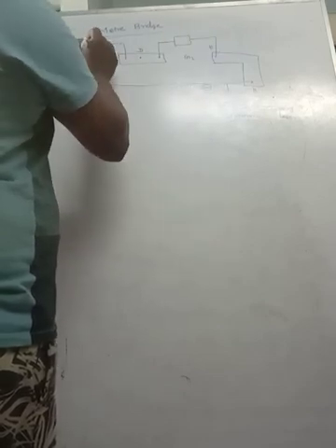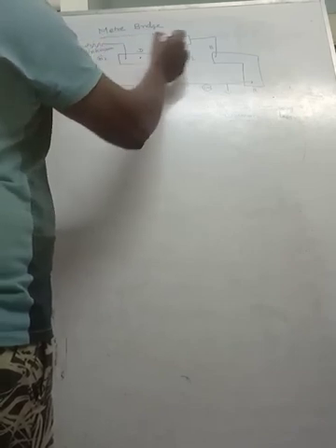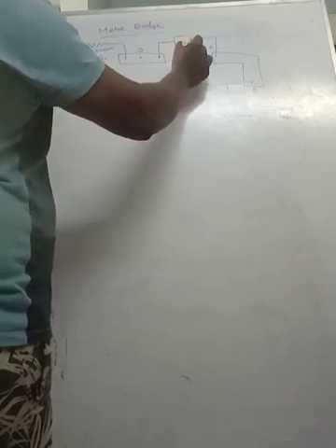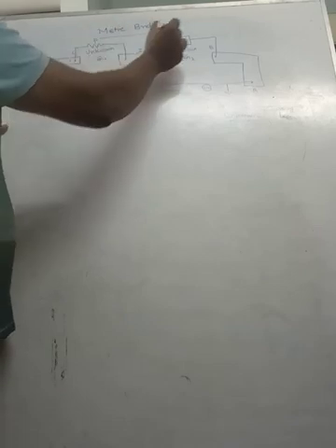This is unknown, and this is a known resistance. That means you can fix the resistance at 2 ohm, 3 ohm like that. So you can take this as P and this as Q. Q is the known resistance and P is the unknown resistance.